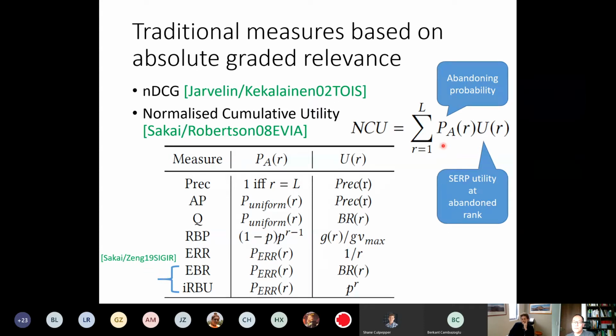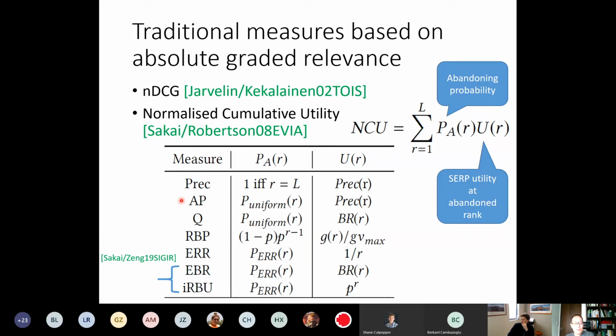What this NCU means is that there is a user population, and there is this abandoning probability. For a particular user group, this user group abandons the ranked list at a particular rank R. And for this user group, the utility of the SERP seen so far is given by this formula.